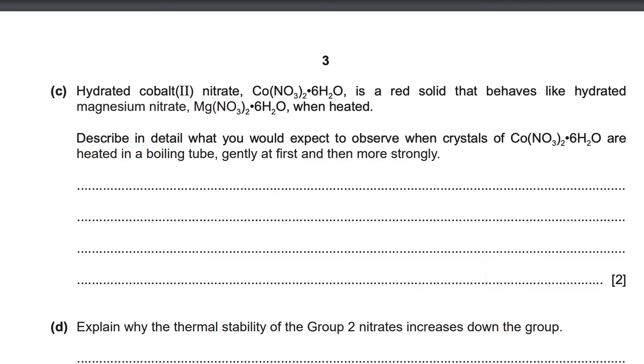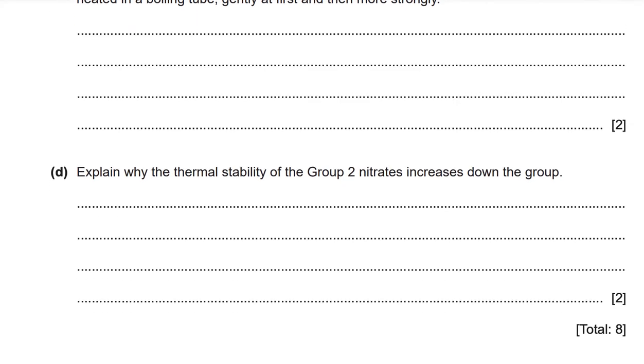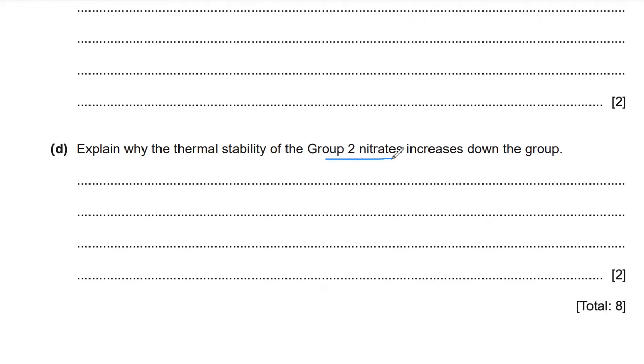Okay, so in the next part it says, explain why the thermal stability of the group 2 nitrates increases down the group. In some questions they don't even tell you that it increases or decreases, and that question is for 3 marks, since we have to tell if it increases or not.